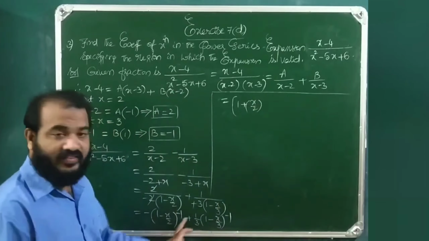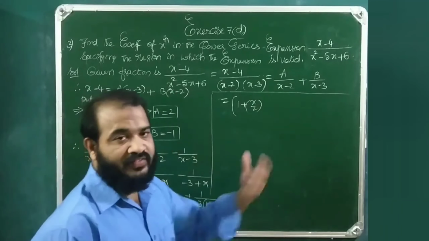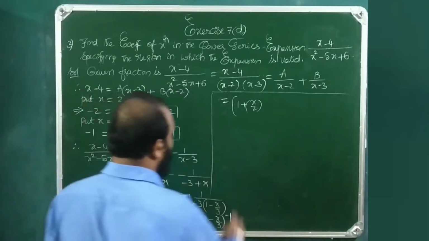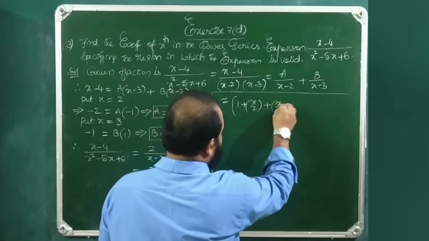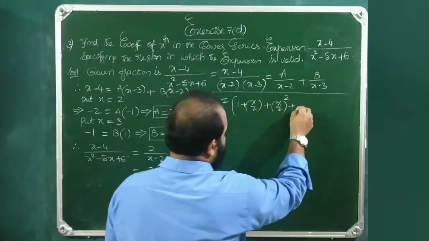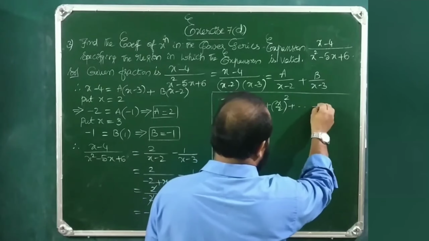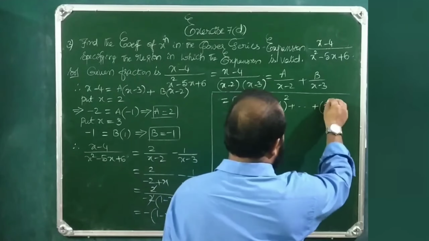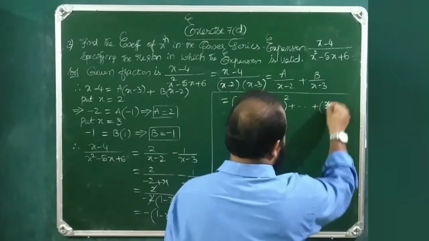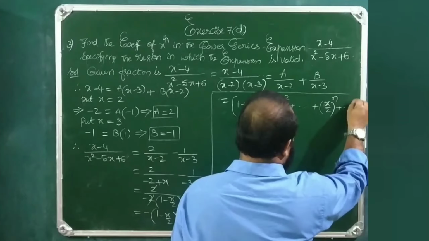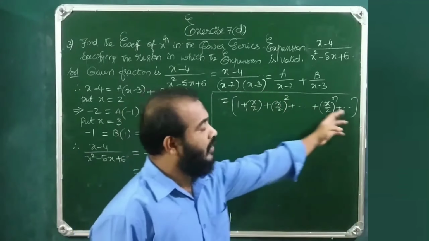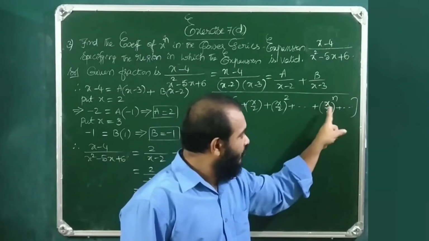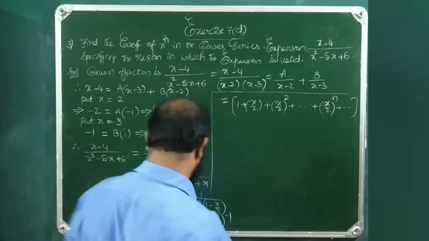This is in the form (1 minus x) whole power minus 1, which is 1 plus x plus x square plus x cube plus x power 4, etc. So this is equal to 1 plus x by 2 plus (x by 2) whole square plus (x by 2) whole cube, etc. So we want x power n here, so (x by 2) whole power n plus etc. There are infinite number of terms, and since we want the x power n coefficient, I have written this only.